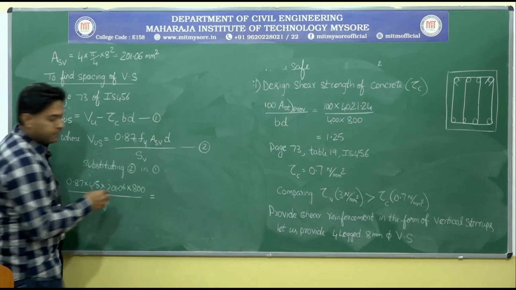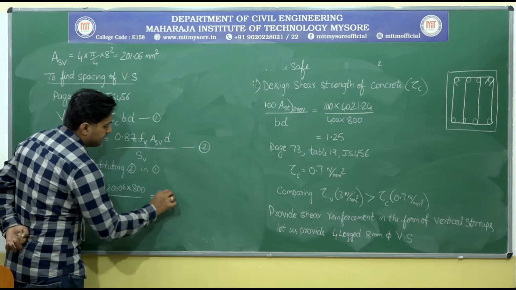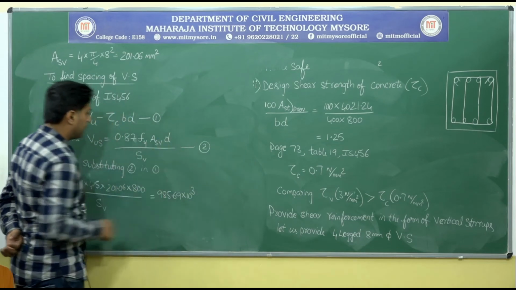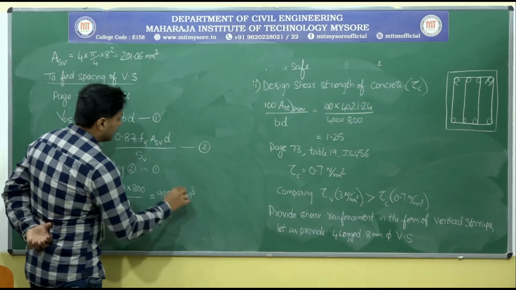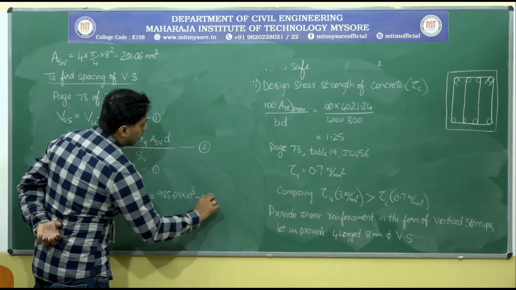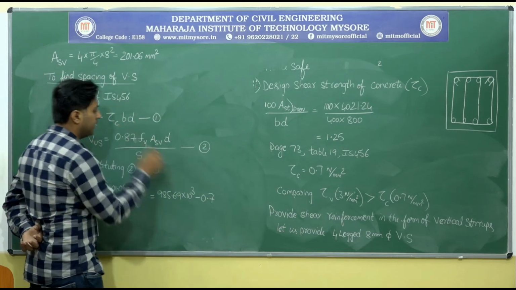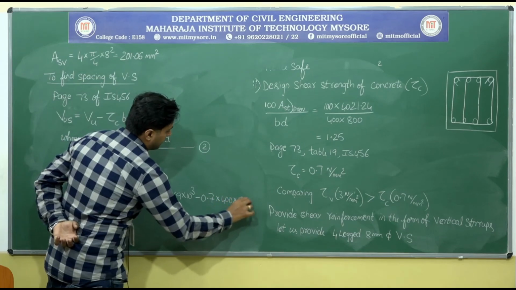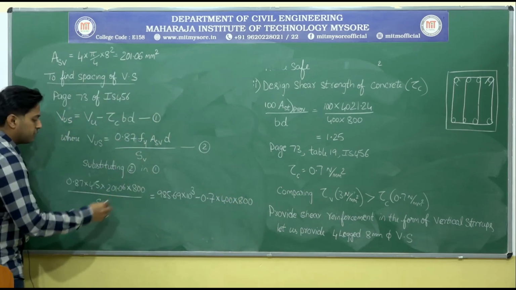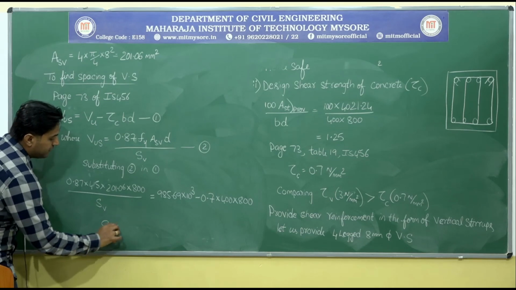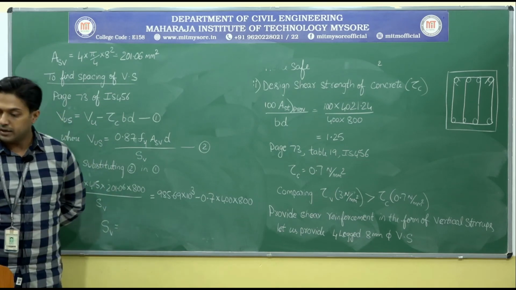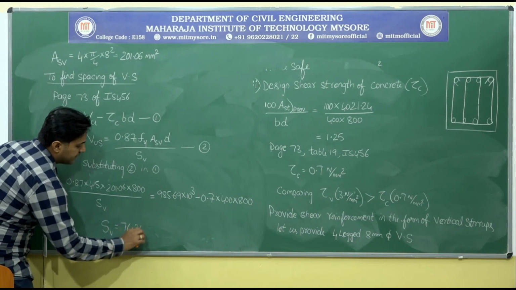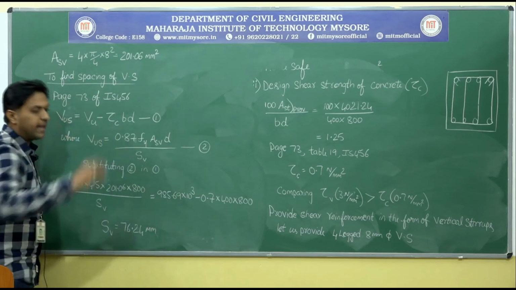So yes, it's 985.69 into 10 power 3, minus tau C value that we have got, 0.7, breadth is 400, depth is 800. So after solving using the calculator, the value of SV that we are left with is 76.24 mm.